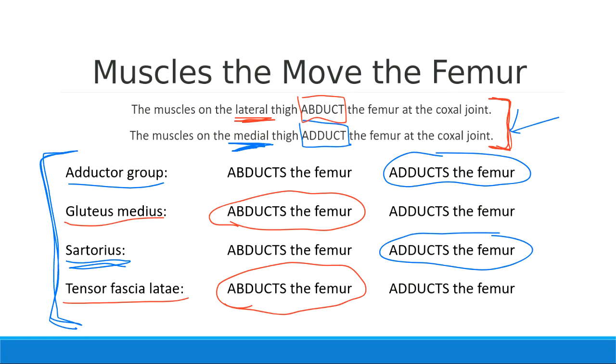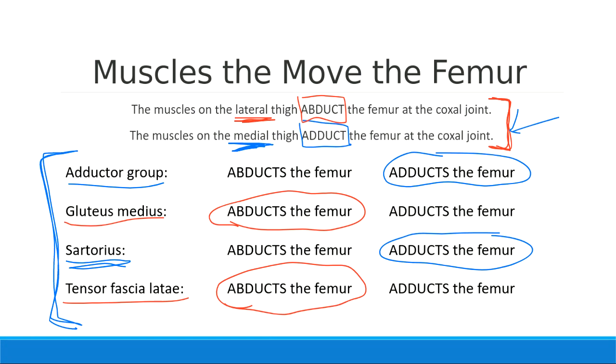Are we going to the middle of the body? Are we pulling away from the body? If you think about this and feel it on yourself, the muscles that help you pull away from the middle of the body have got to be on the outside of the body to do that. The muscles that pull me toward the middle of the body have got to live in the middle of the body to make that happen. So lateral versus medial helps me out with abduction and adduction.